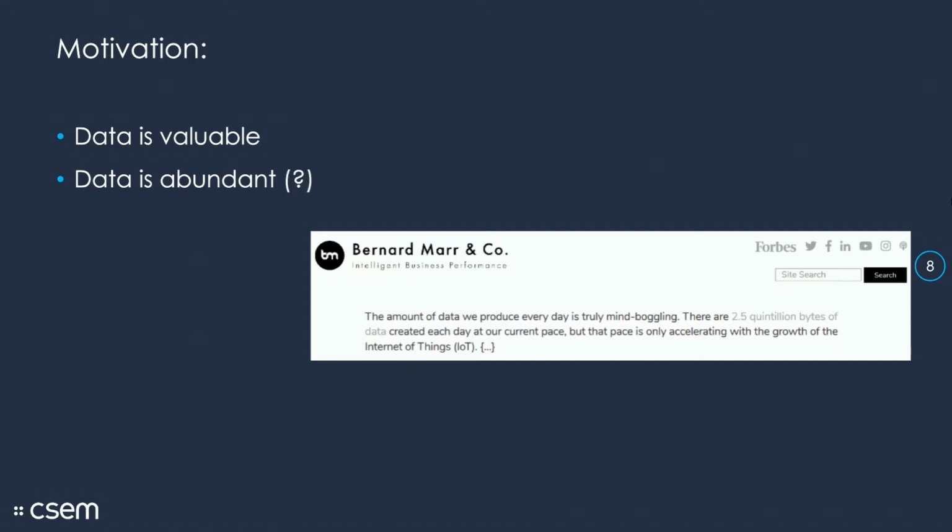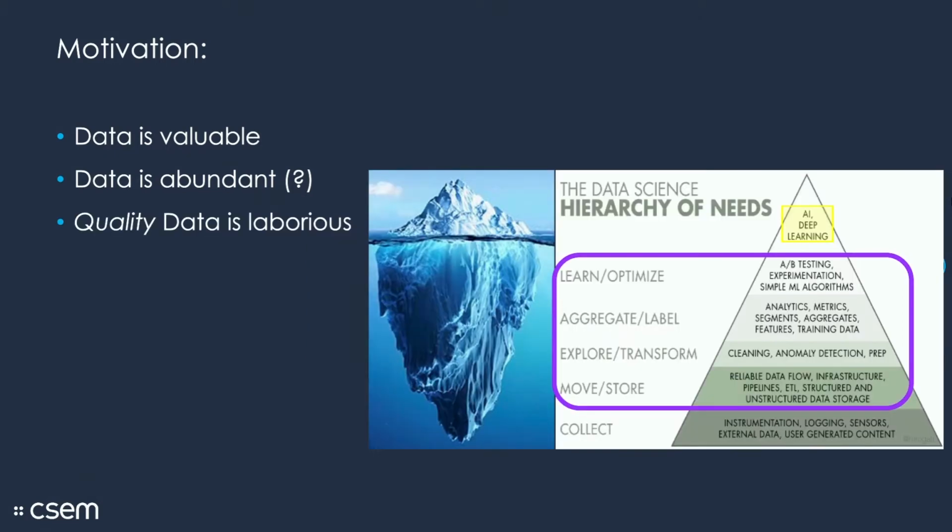I'm not so sure, because I don't think I can train my industrial image applications on your Instagram posts of your delicious avocado sandwich. So quality data is really important, but it's also laborious. 80% of the usual data science pipeline we spend on cleaning and preparing data, and only 20% on the actual AI and deep learning part of the stack.